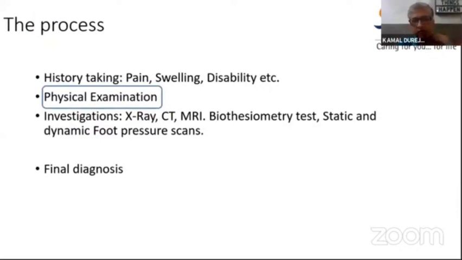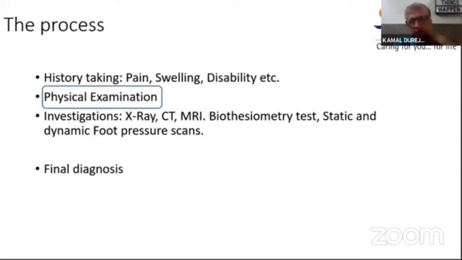Of course, the first thing is history taking, followed by physical examination, and then the investigations, which are X-ray, CT, MR, or others pertaining to the foot. All this process is ultimately trying to lead us to a final diagnosis of the problem.